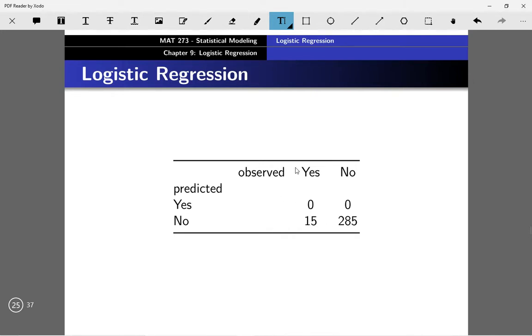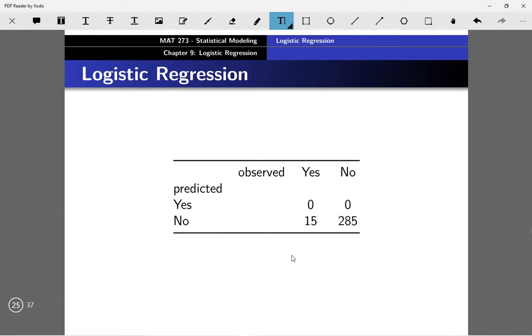Whereas the truth, the observed, there were 15 that were actually spam, but the model predicted they were all not. So it got 15 predictions wrong, 285 correct. So the correct values are on the diagonal. They call this a confusion matrix. That's what they call this type of table that visualizes the truth versus what you predicted for the classes. That's a confusion matrix again.